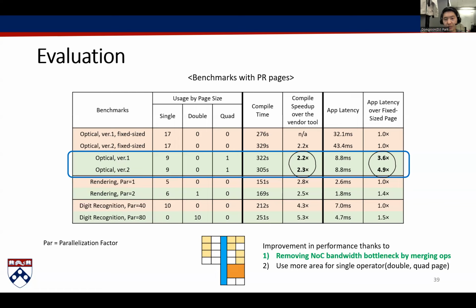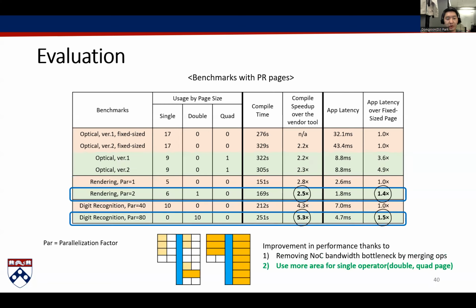And at the same time, it compiles faster than the vendor tool, 2.2 to 2.3 times. Similarly, rendering and digit recognition achieve application performance improvements of 1.4 and 1.5 times. And this time, this is simply because we use more area for a single operator. You see, we use double pages for a single operator. And similarly, it compiles faster than the vendor tool.